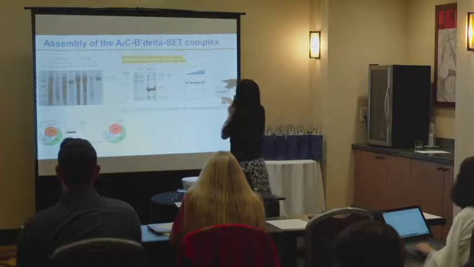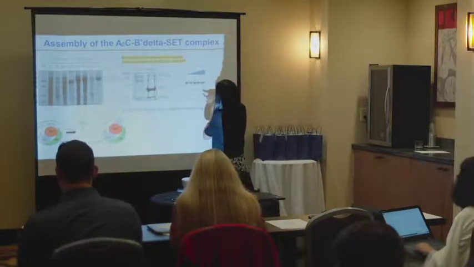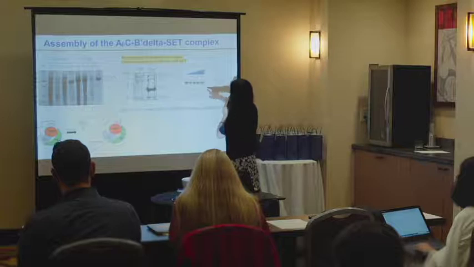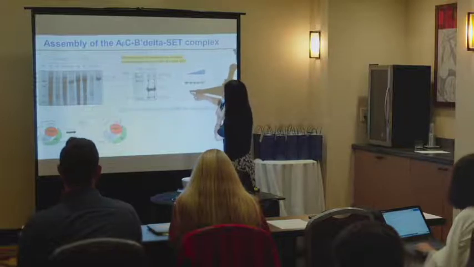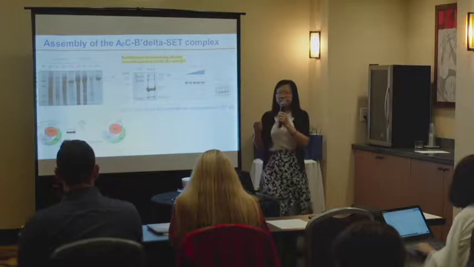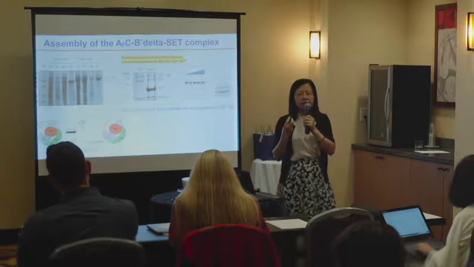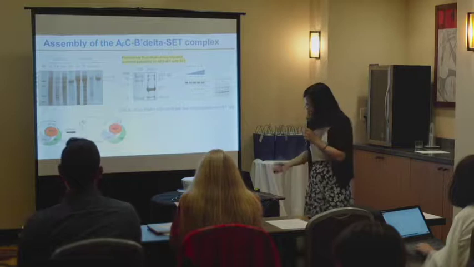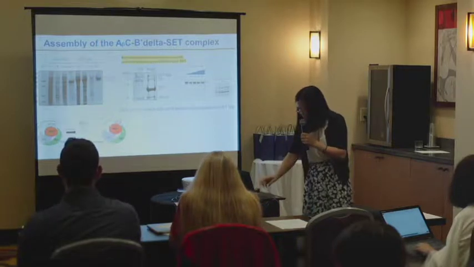Another study demonstrated that with B prime gamma, if you use a GST tag, the binding is weaker than when removing the GST tag. So you can get much better binding without it, and we can try to improve that.